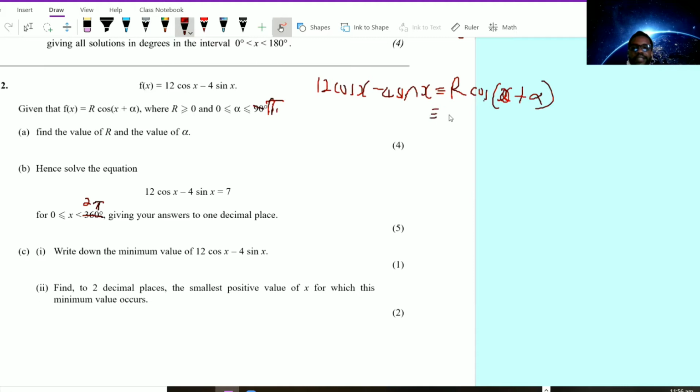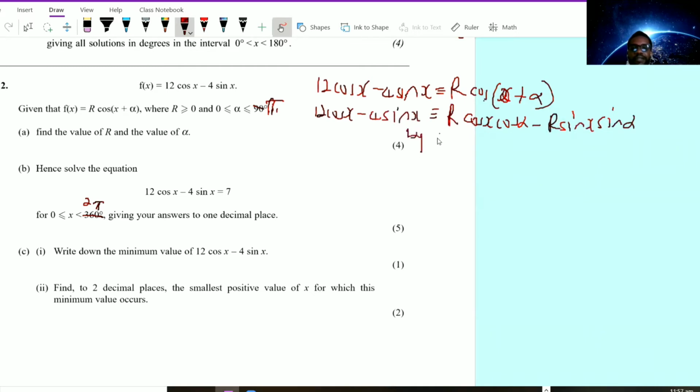Now when I expand this, I'm going to use a compound angle formula. So I'm going to have r, cos of x plus alpha would give me cos x cos alpha minus r sin x sin alpha. So you have 12 cos x minus 4 sin x. Now all we have to do is compare.